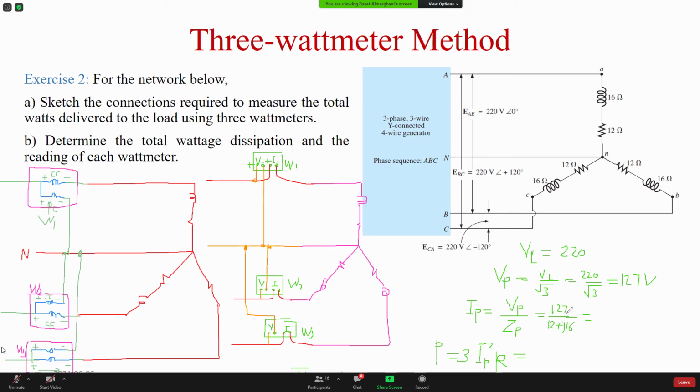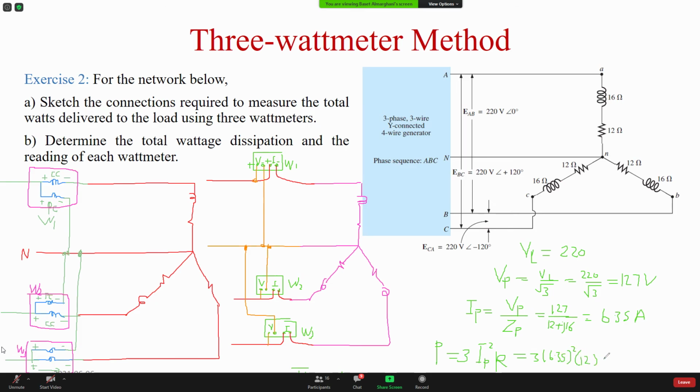Anyone can give me the answer here? 6.35 ampere. So this is 3 times 6.35 squared times R, which is 12.